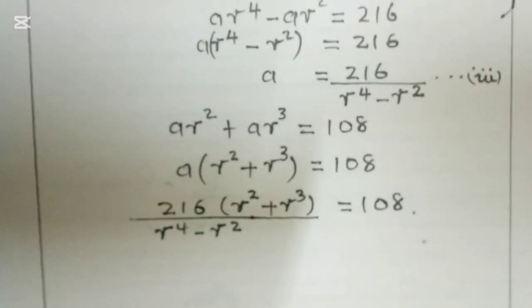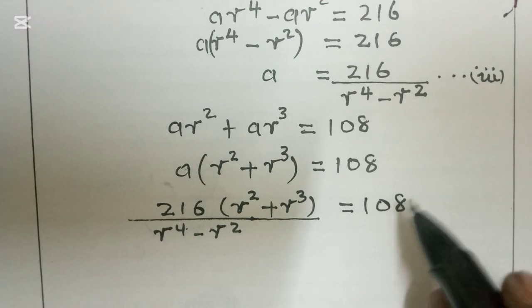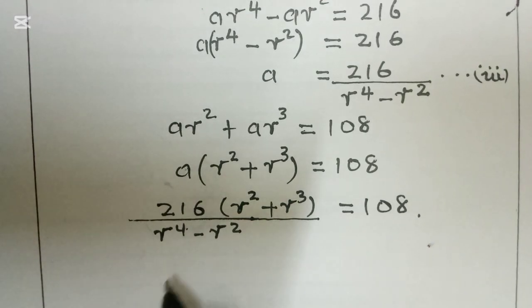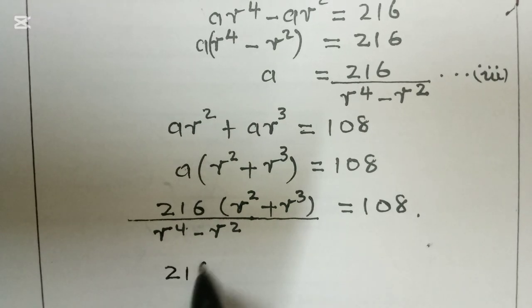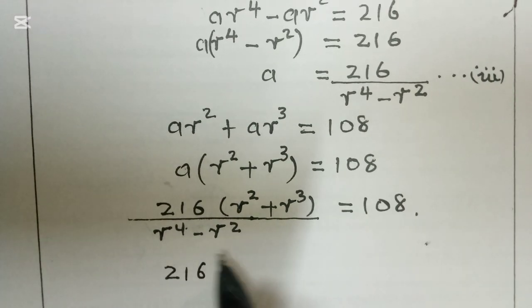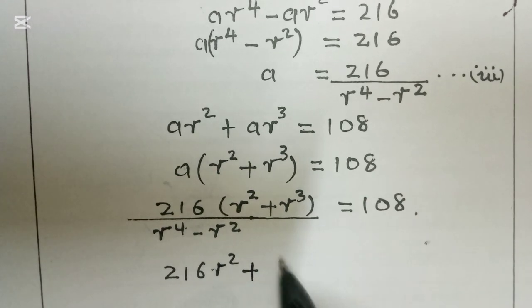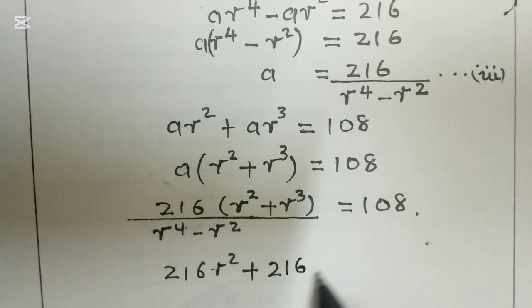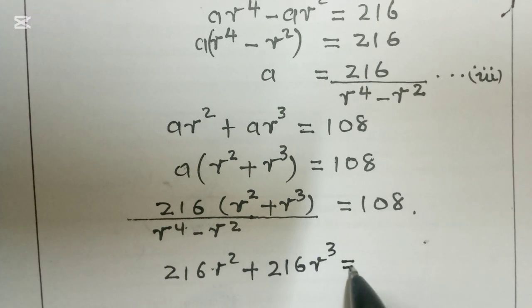From there I can do cross multiplication. But before I do that, let me multiply 216 by R^2 plus 216 by R^3.